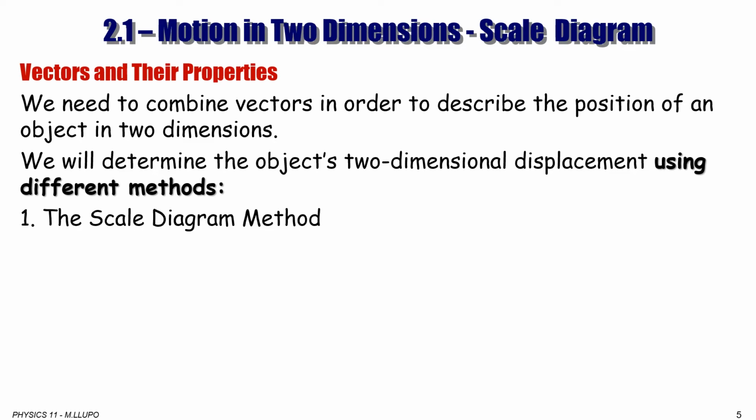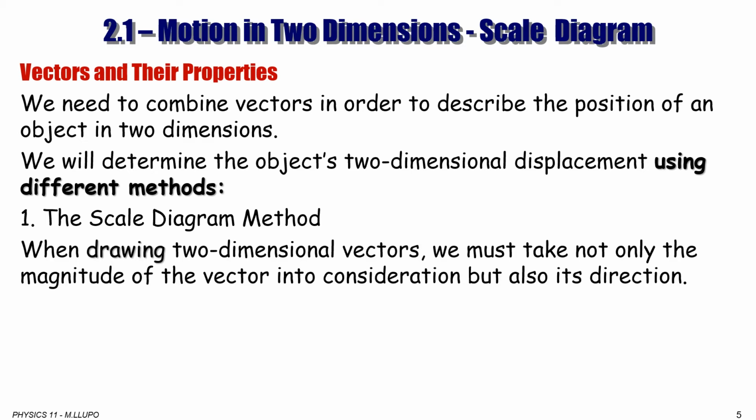What is important here is to draw vectors based on a certain scale accurately, based on their magnitude. The magnitude is important, but direction also is important. That's why I said you need a ruler and you need a protractor for this lesson.